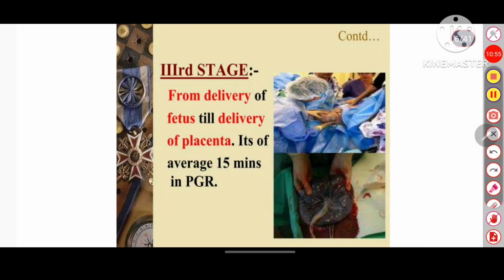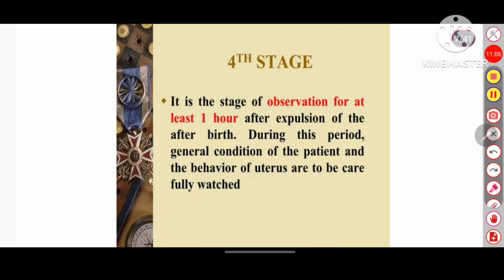The third stage is from delivery of the fetus till the delivery of the placenta. It's an average of 15 minutes in a primigravida. The fourth stage is usually an observation stage for at least 1 hour after the expulsion of all the products of conception.